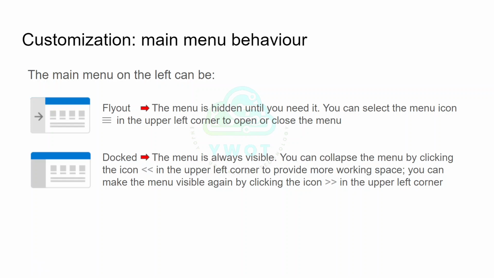The other choice is docked. In this case, the menu is always visible, but we can always collapse it by clicking this icon in the upper left corner if we need more working space. Okay, let's go to the portal to see this customization.